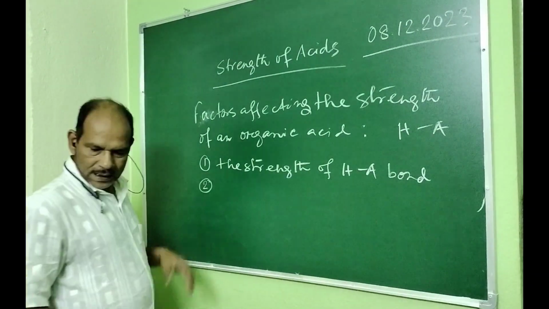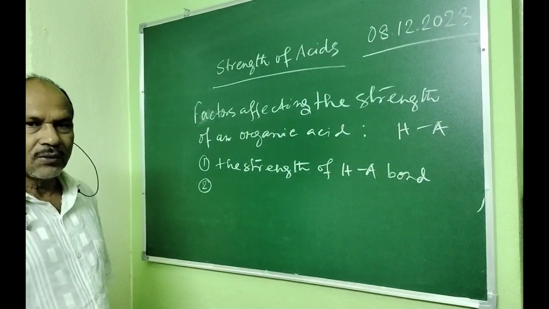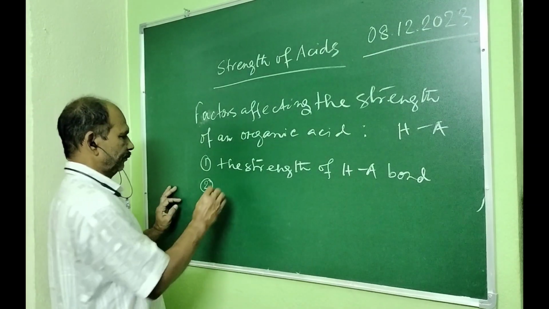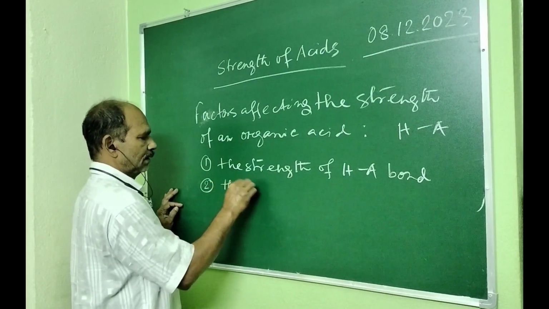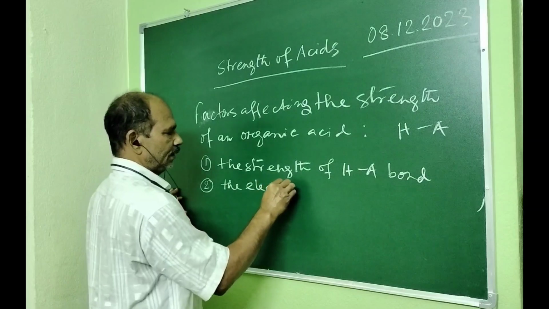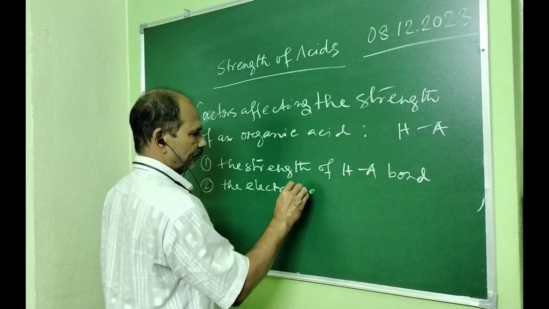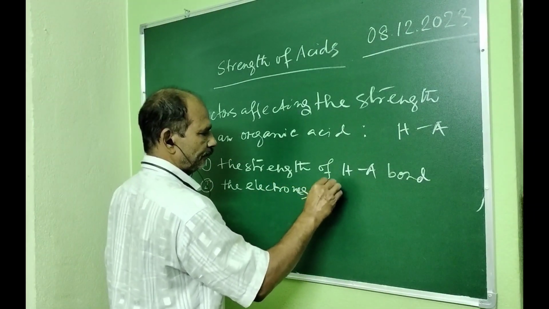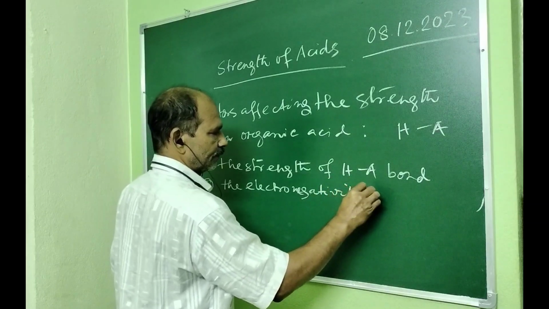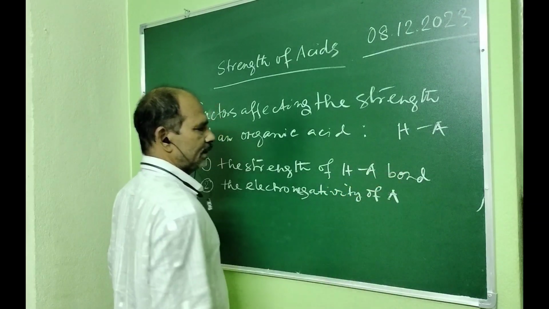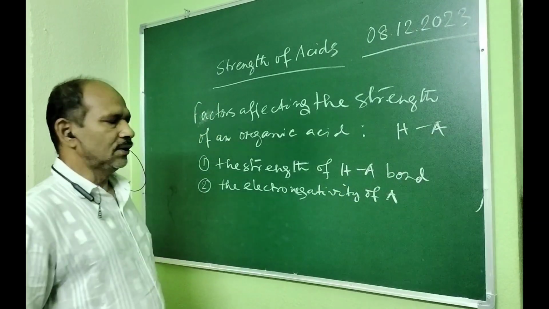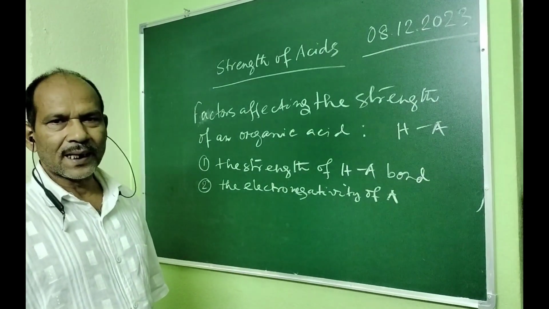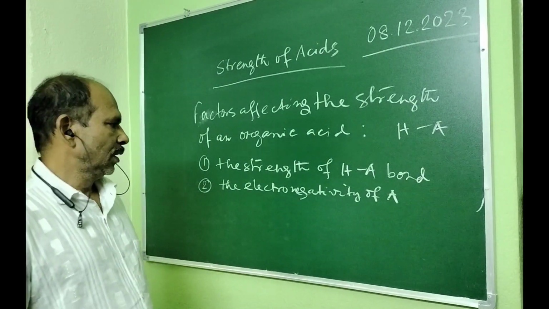Number two is the electronegativity of A, that means the element which is bonded directly to the hydrogen atom.